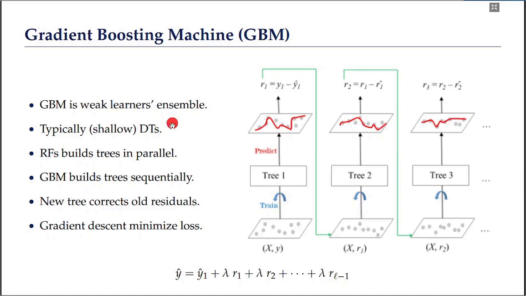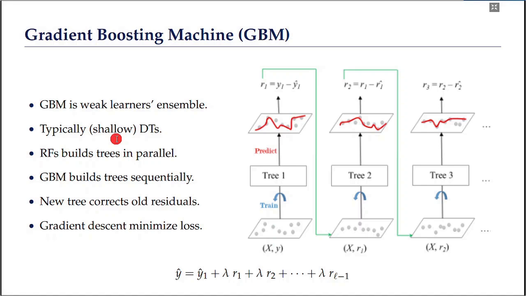Typically the decision trees are assumed to be shallow, but since it is an ensemble method, the joint performance of all the shallow algorithms is assumed to provide an accurate estimation, or an accurate performance.